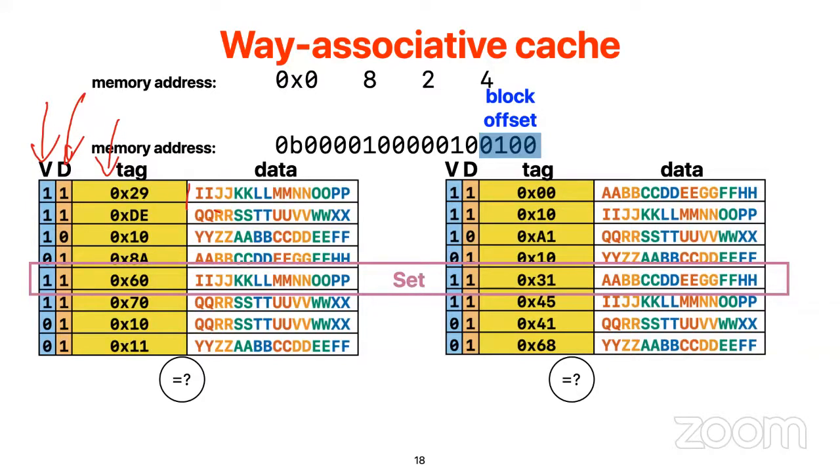And for this example, because I have 16 bytes in a block, you need 4 bits to represent which byte within this block the data you are requesting is in. Using that information, your cache can use the mux to select the right word to output.